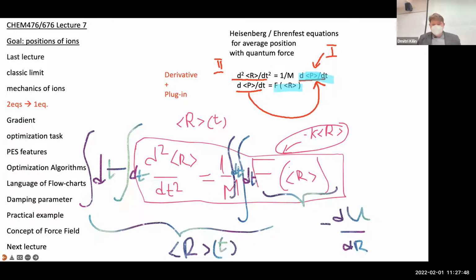Or like an oscillator, when the force is proportional to elongation or to position, or the force is constant, then this equation is easily solvable.